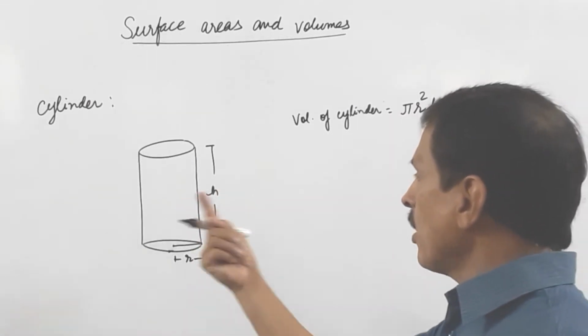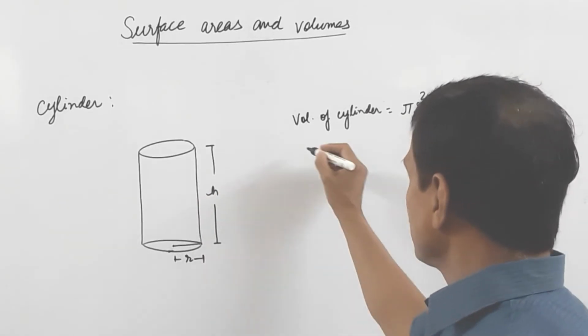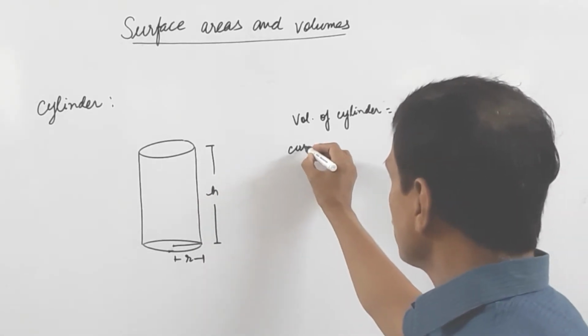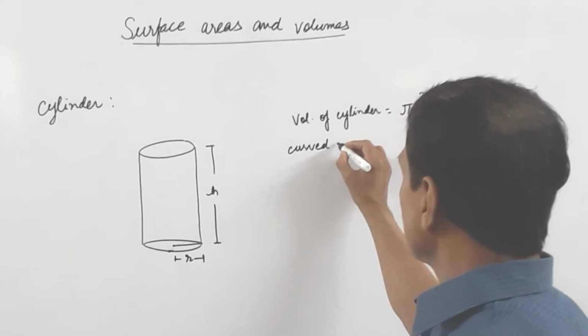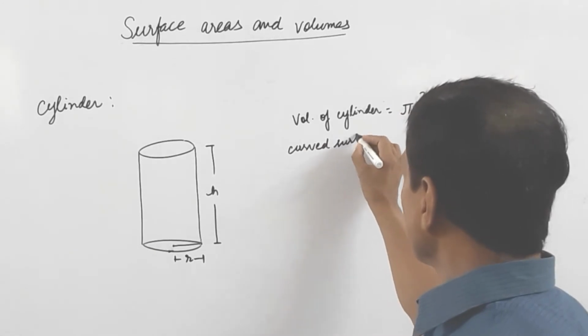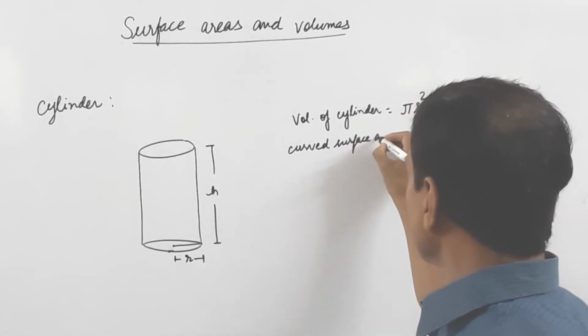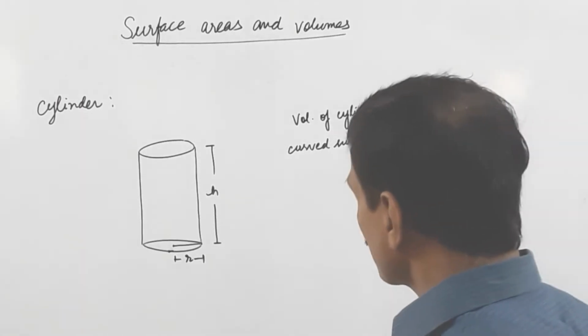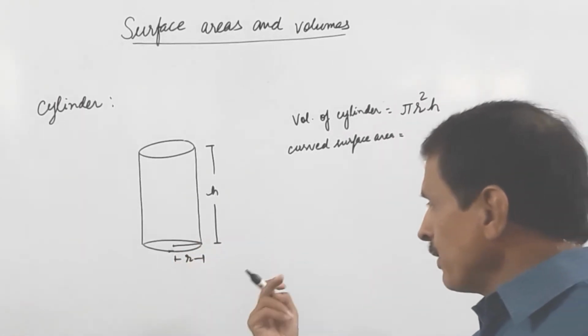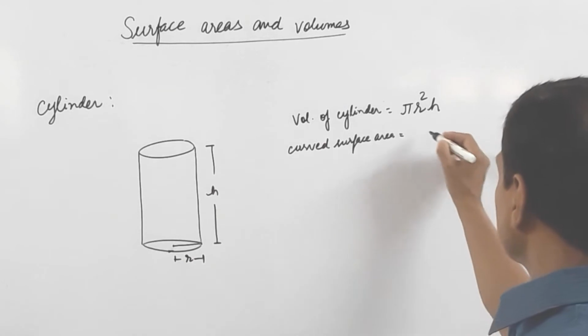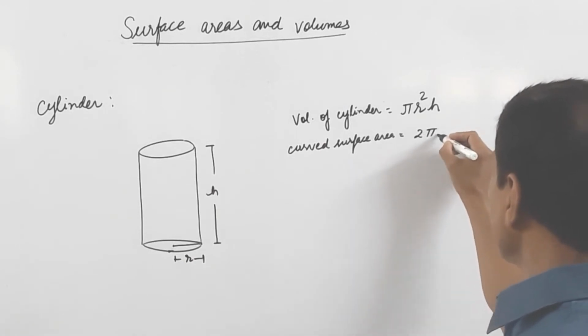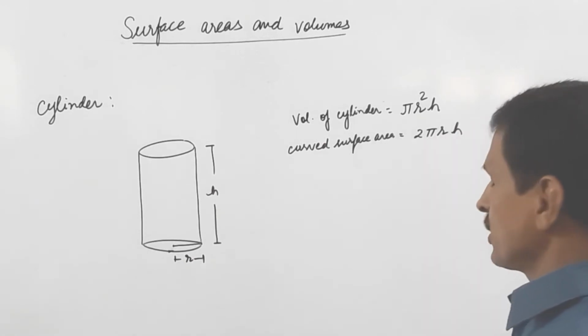It is having a curved surface, which is a lateral surface. The curved surface area is equal to circumference of the base into height, that is 2 pi r h.